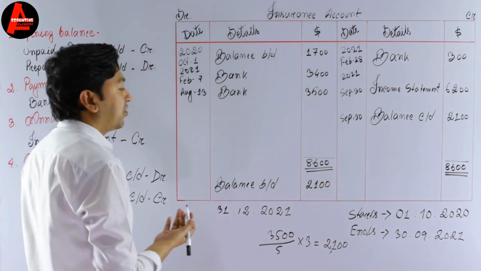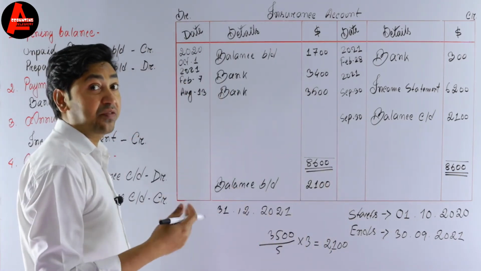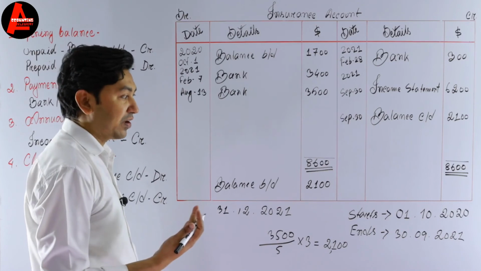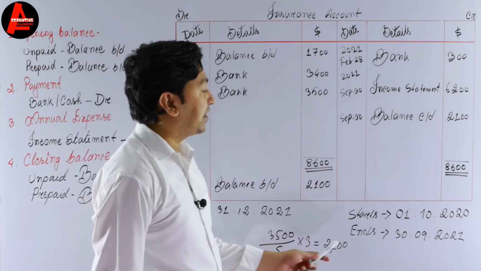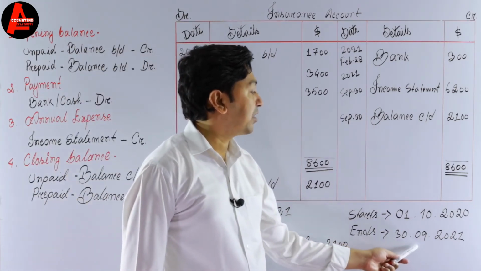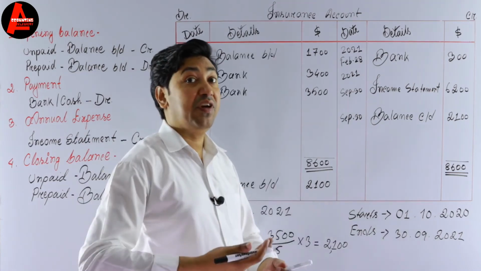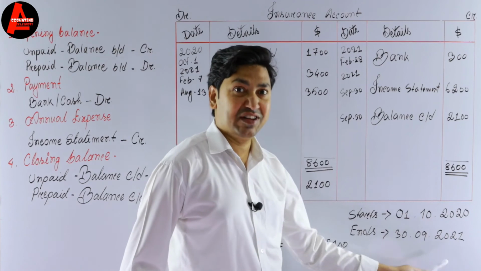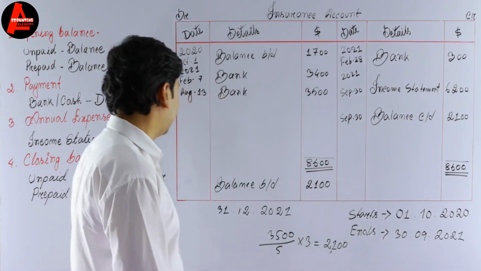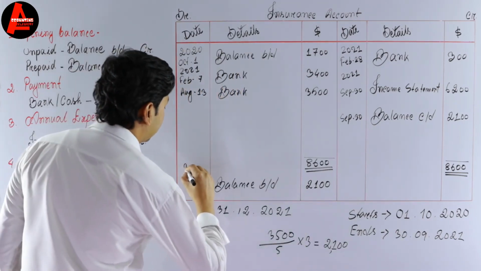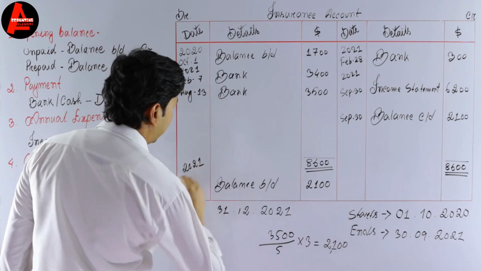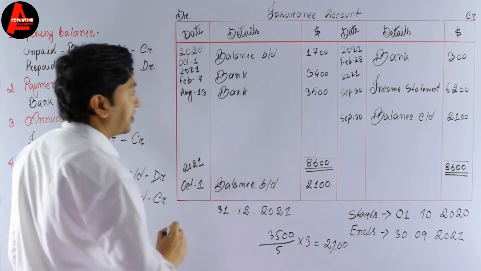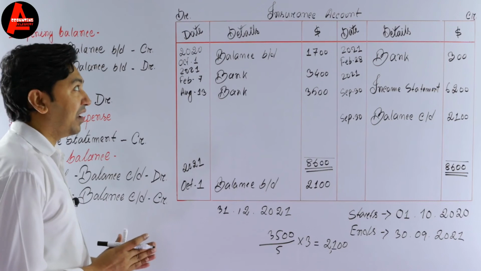The date for balance BD will be the first day of the next accounting period. The financial year ended on 30 September 2021, so the new financial year will start on 1st October 2021. Very simple. Let us write the date: 2021, October 1st.